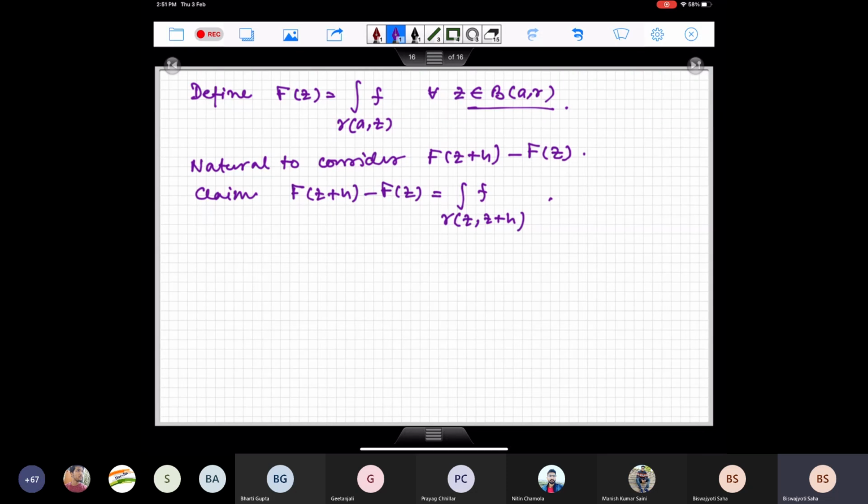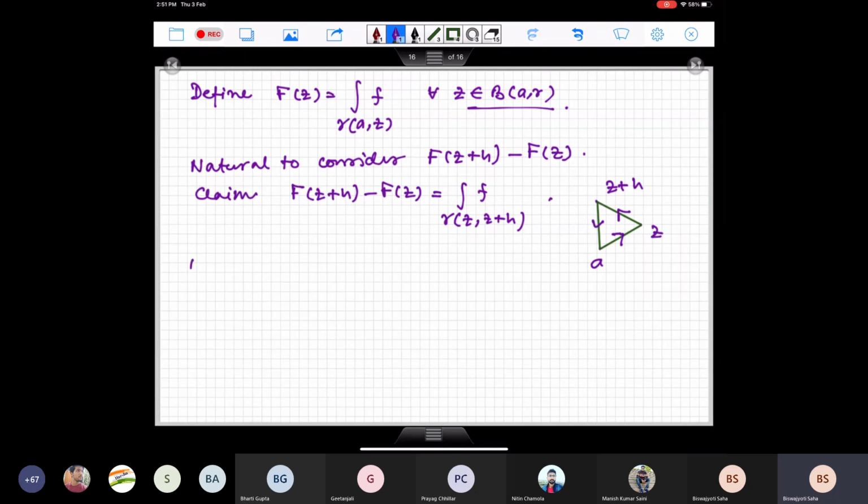For this, let's try to draw a picture. Let us have three points: a, z over here, and z plus h somewhere here. That's a to z, this is z to z plus h. By the triangle theorem you will agree that this integral is going to be equal to 0.